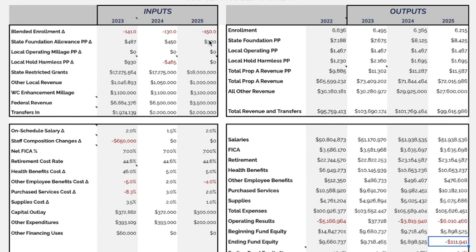So if we come back to 2024 and you say, all right, what needs to happen in order for us to not operate at a $3.8 million loss? That's where you've got to start working with the expenses that you can control. So this is where, unfortunately, we'd be looking at employee reductions.